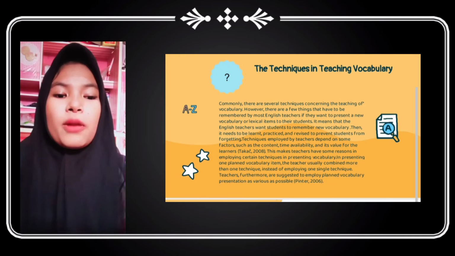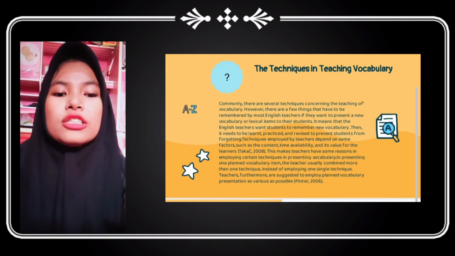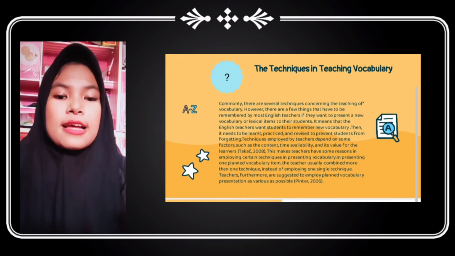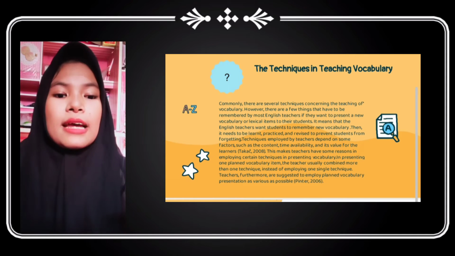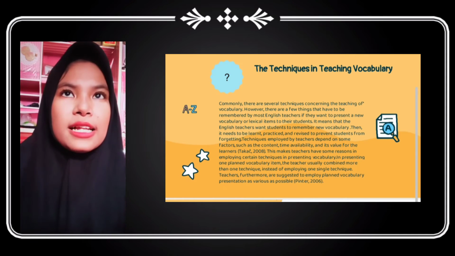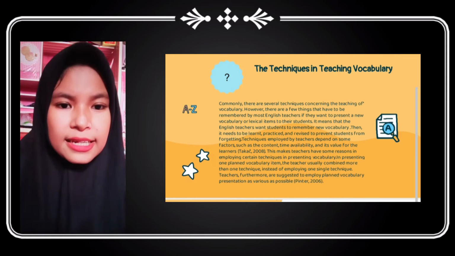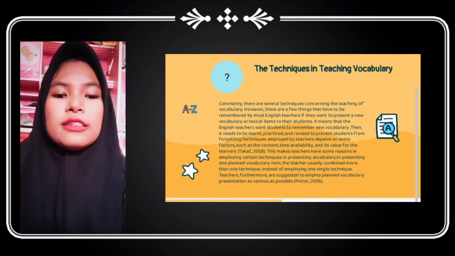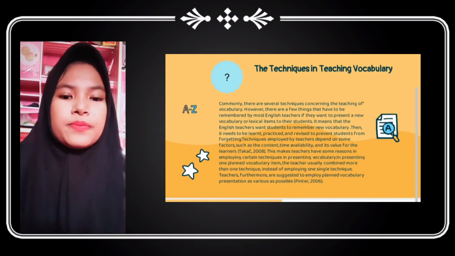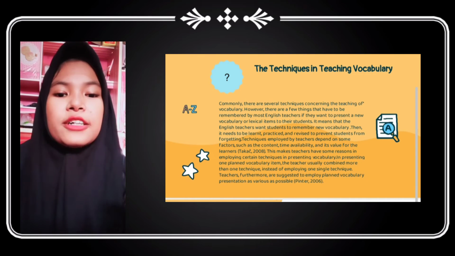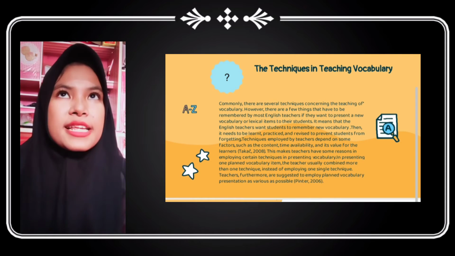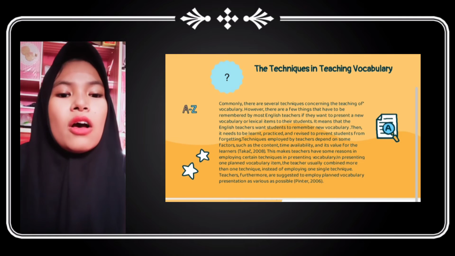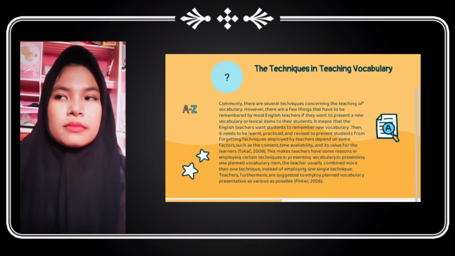Techniques employed by teachers depend on some factors, such as the content, time availability, and its value for the learners. This makes teachers have some reason in employing certain techniques in presenting vocabulary.